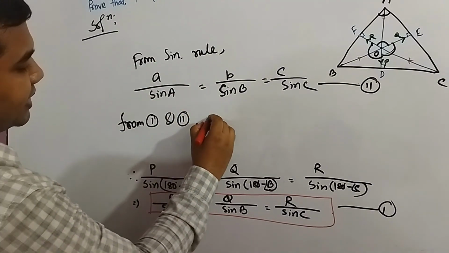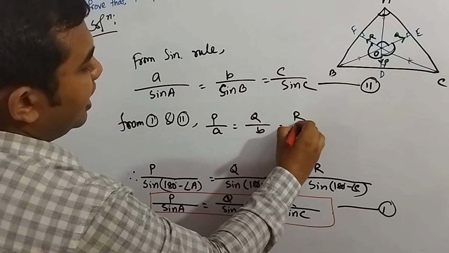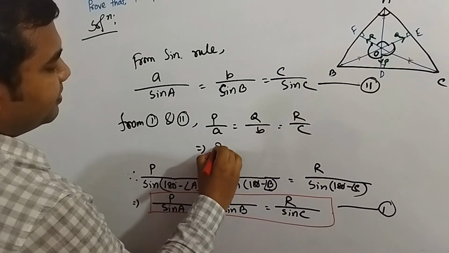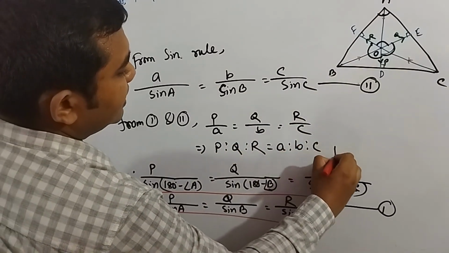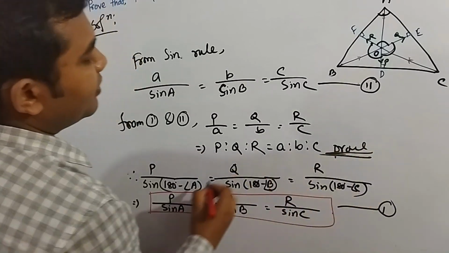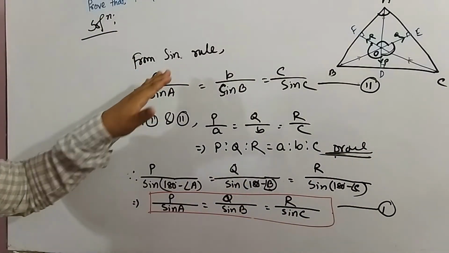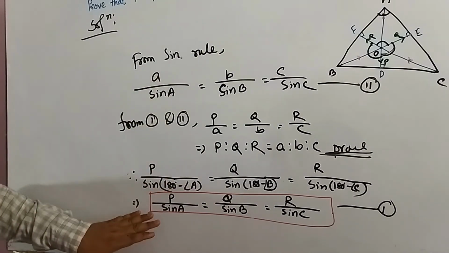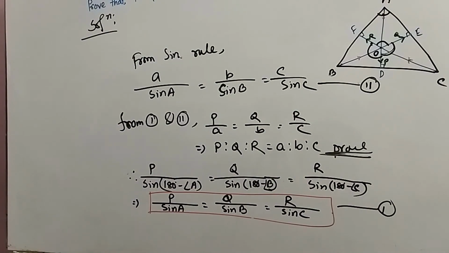By this and this, P over a, Q over b, R over c. That means P is to Q is to R should be a is to b is to c. That's what we were required to prove. We just used this and this, and by comparing these two parts, we have written this part. So this is the end of today's math.